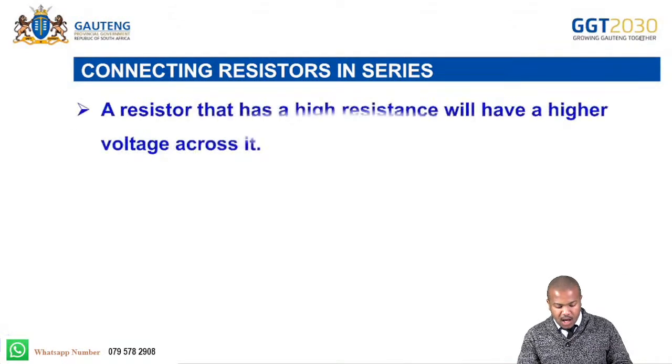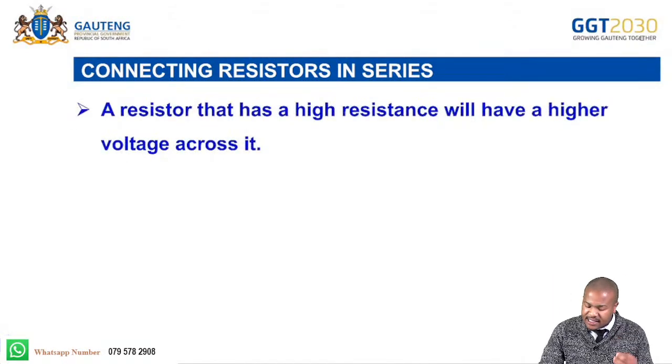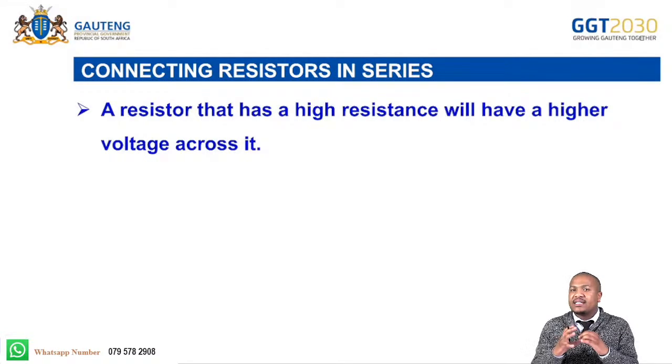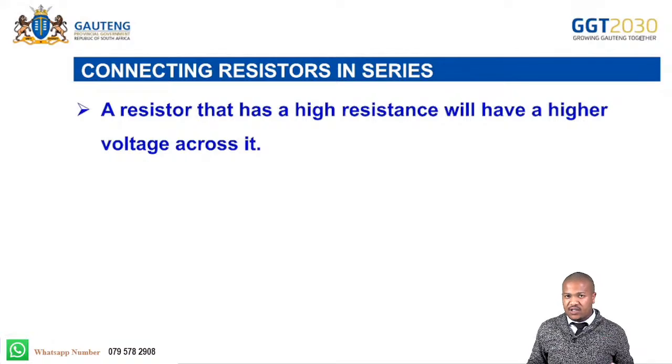Right. So as we said, a resistor with a high resistance will have a high voltage across it, right? Why do we say that? Remember now, when talking of resistance, we're talking of the electrons flowing in a circuit and bumping into the atoms of a resistor, trying to resist the flow of current, using up that energy and transferring that energy into a useful transfer.